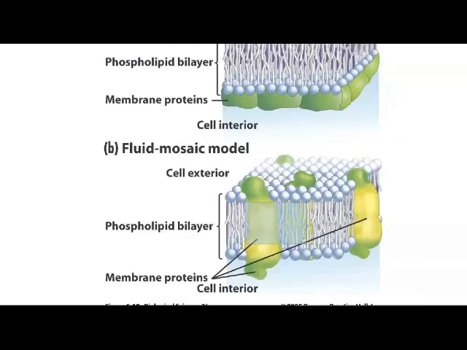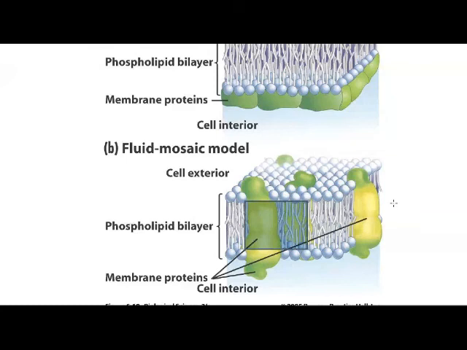This portion of the membrane, guys, the phospholipid bilayer, is it hydrophilic or hydrophobic? Hydrophobic. So you can tell that this portion of the proteins is in a yellowish color, right? Is the yellowish part of the protein also hydrophobic? Exactly.